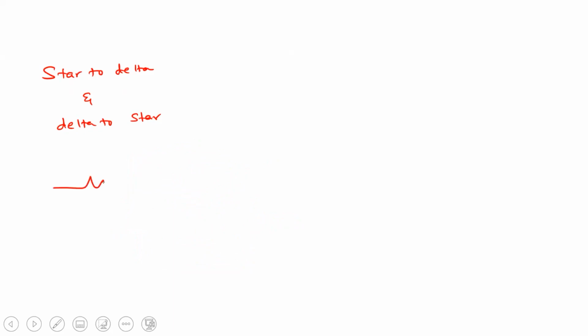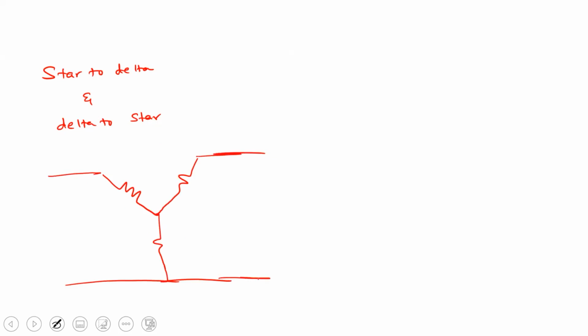So for example, you have a circuit something like this. So what exactly is the star connection? How does it look? Say this is 1, this is 2, this is 3, and this is 4.